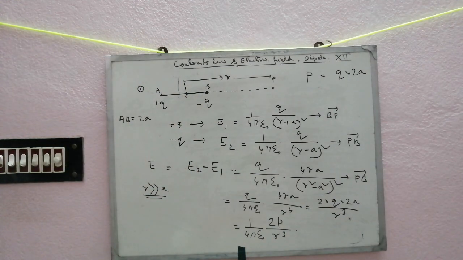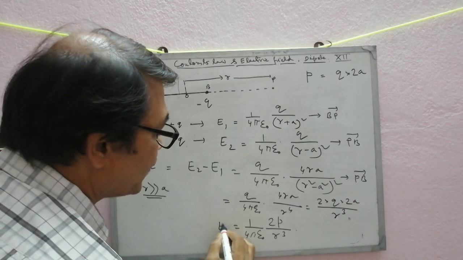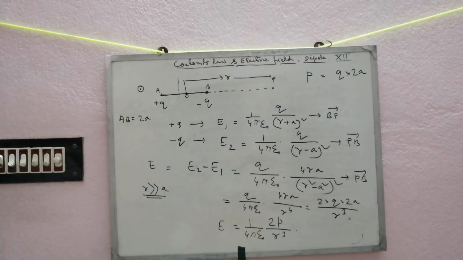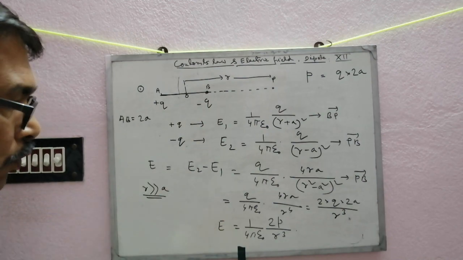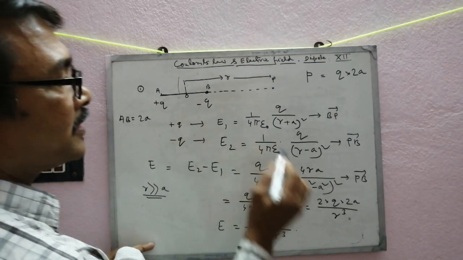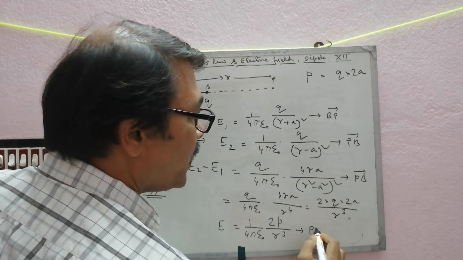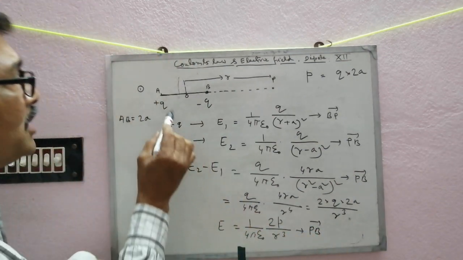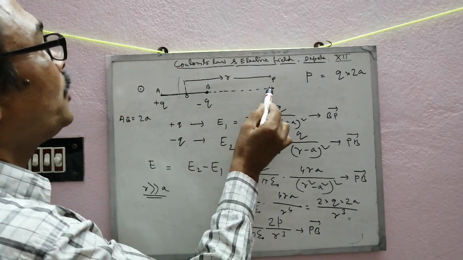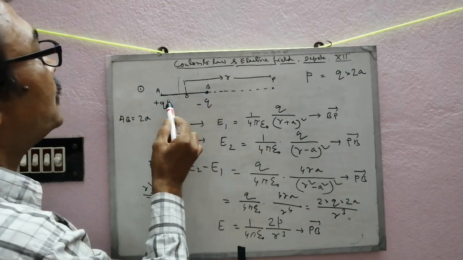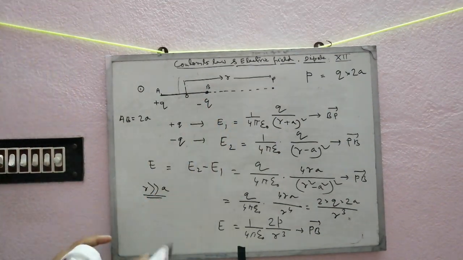Okay. So the electric field on the axis of the dipole at a distance r from the midpoint is 1 by 4 pi epsilon 0, 2p by r cube, with direction of course P to B. P to B means towards the moment.